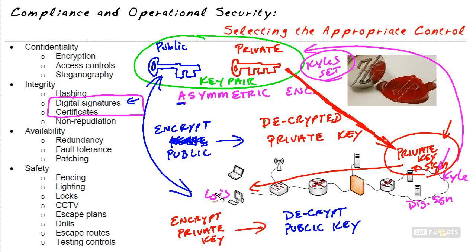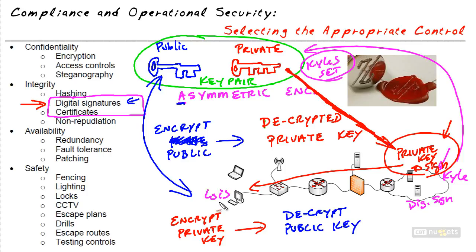And we'll get more into the details of asymmetric key pairs and how they operate in our cryptography videos coming up. The concept I want to drive home right here regarding digital signatures is that we are going to use a private key to encrypt and to digitally sign data. We're using the private key of the sender, or the signer if you will, for that signature.